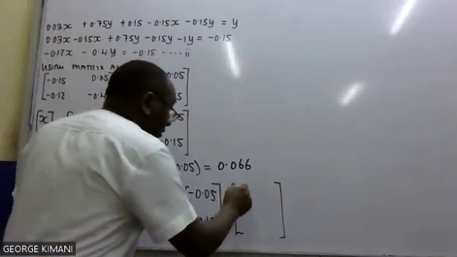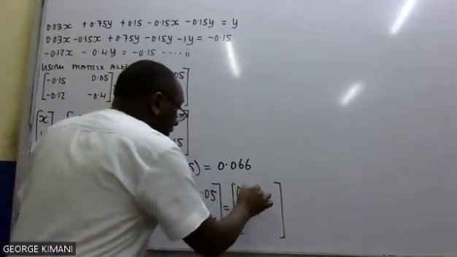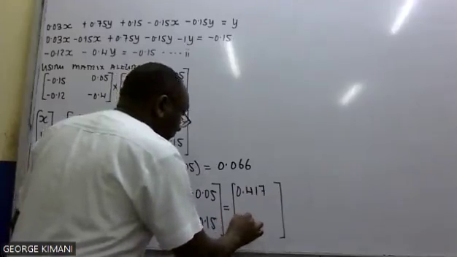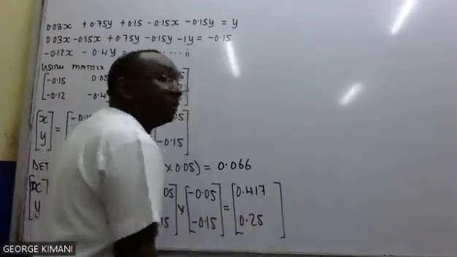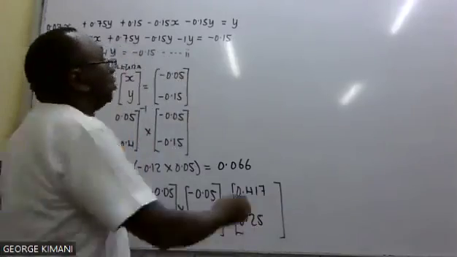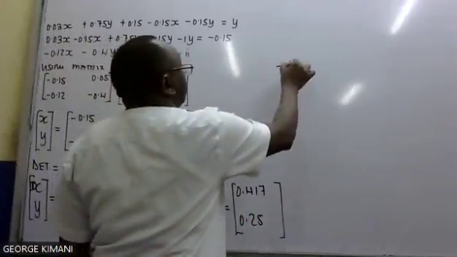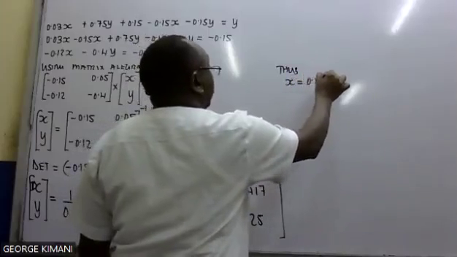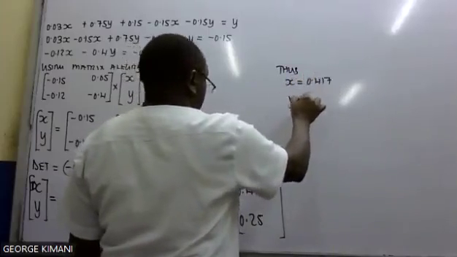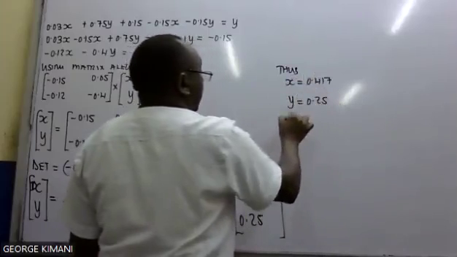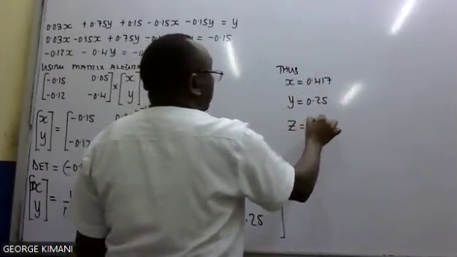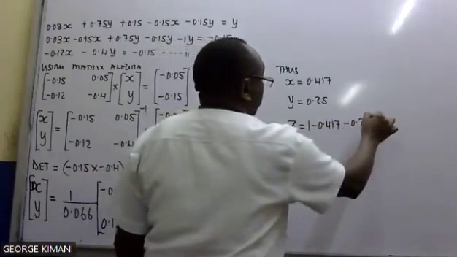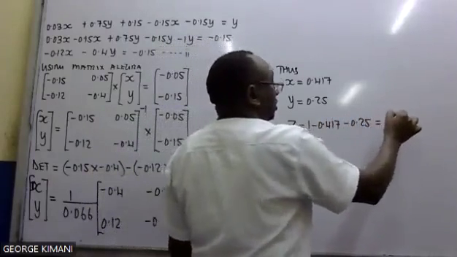What are the answers? 0.417. Then 0.25. Okay. So thus x is 0.417, y is 0.25 and z is 1 minus 0.417 minus 0.25, which is 0.333.